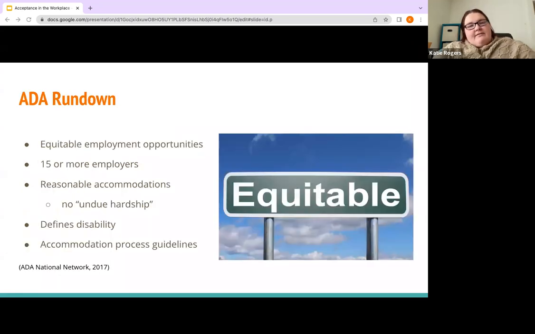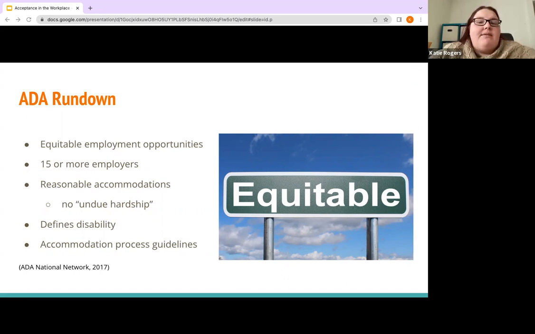So here's a rundown of the Americans with Disabilities Act. The ADA helps people with disabilities access the same employment opportunities and benefits available to people without disabilities. It applies to employers with 15 or more employees. And it also requires those employers to provide reasonable accommodations to qualified applicants and employees. So we're going to talk about that distinction in a minute.